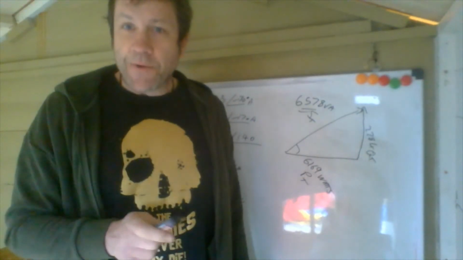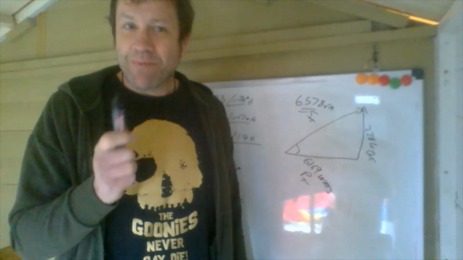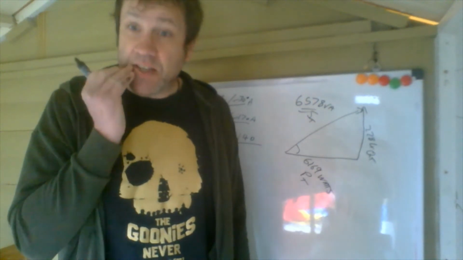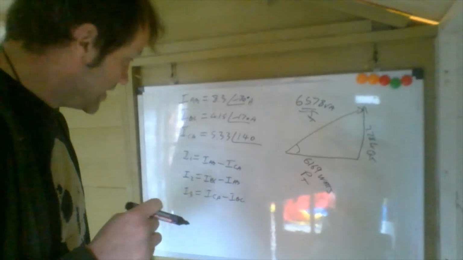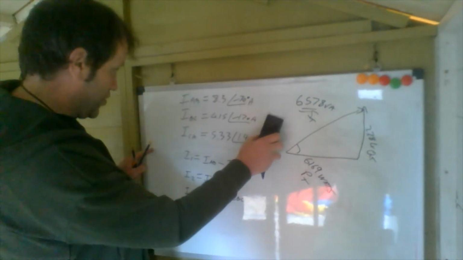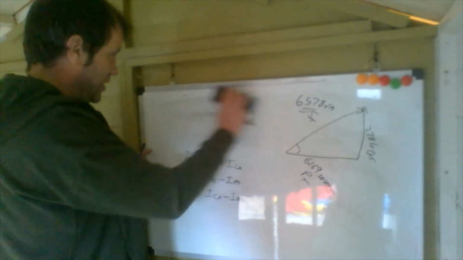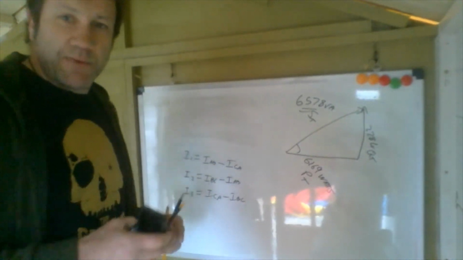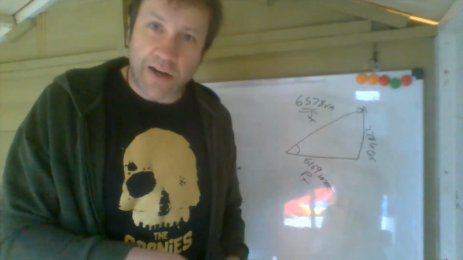So now, there is something about the star and the delta, which is, I'll get rid of these. Remember, that was the same impedances we used for the star and the delta.